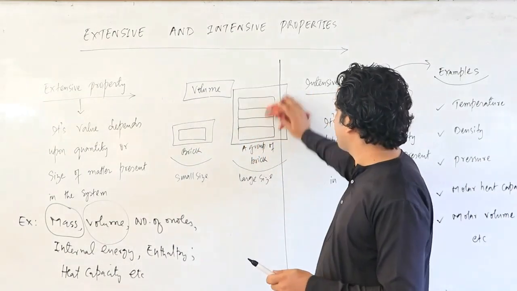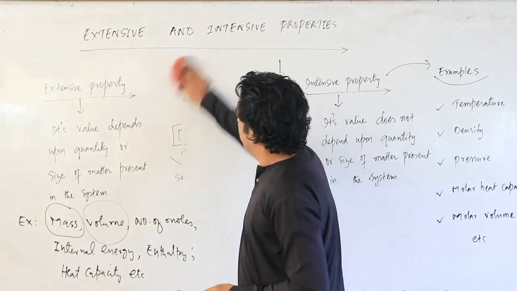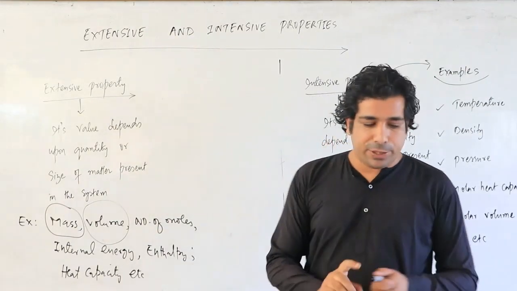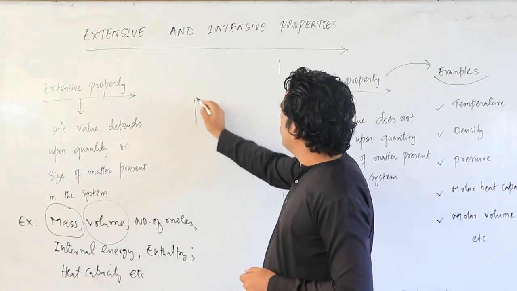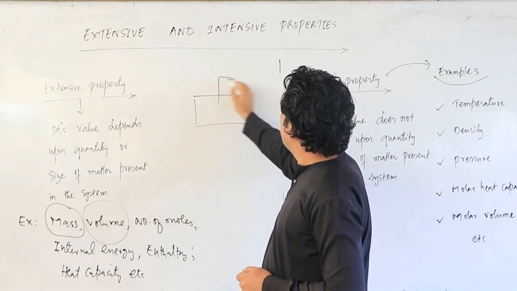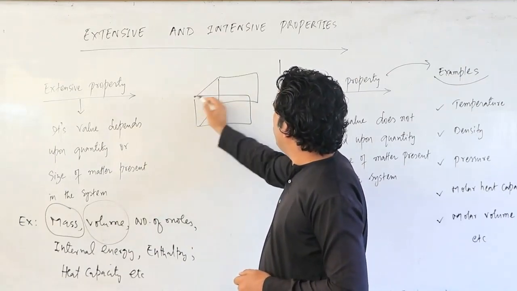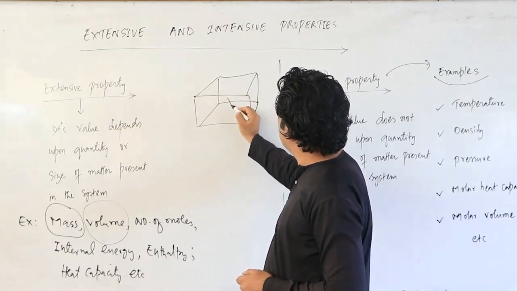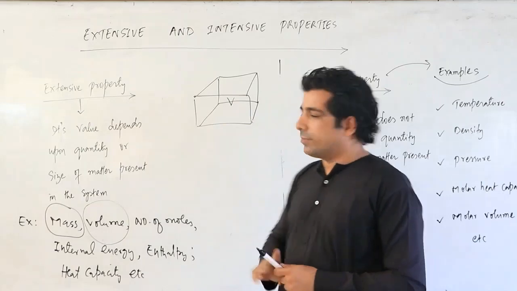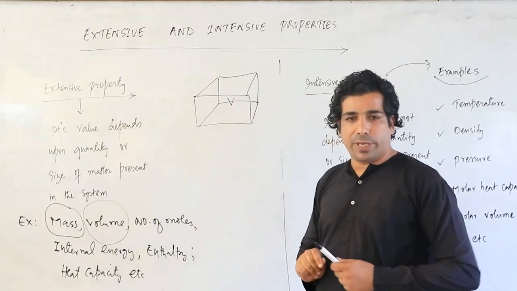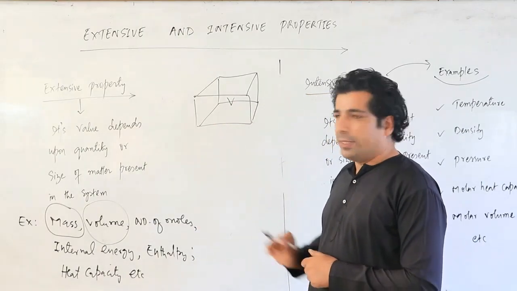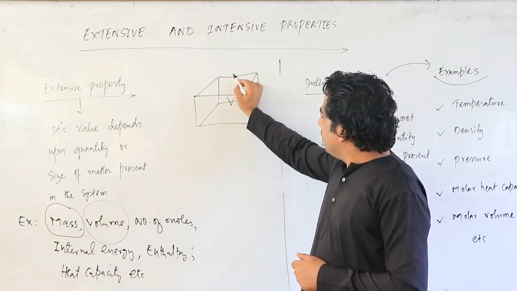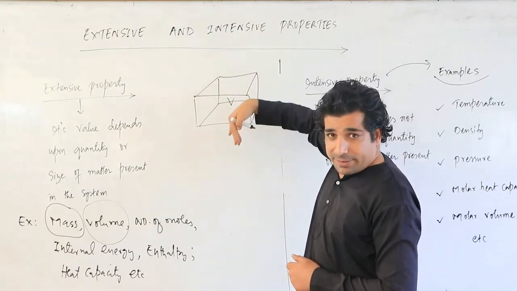Now have a look. Let's have a discussion here. Let us suppose this is the volume inside. The volume of this particular cube is V. This is the volume of the cube. So what happens if I put one bisector?